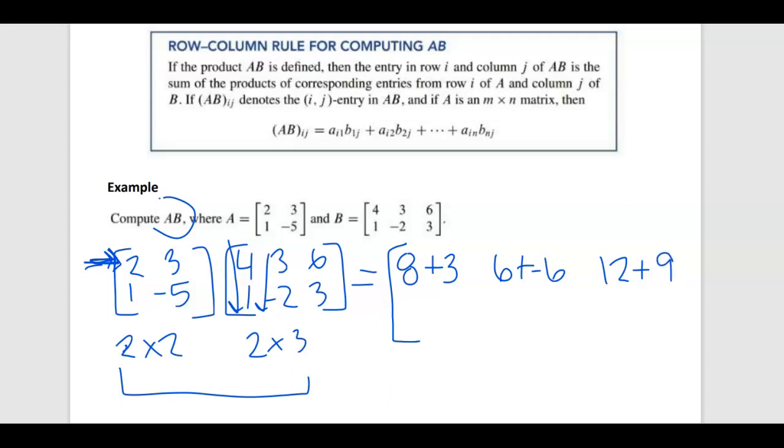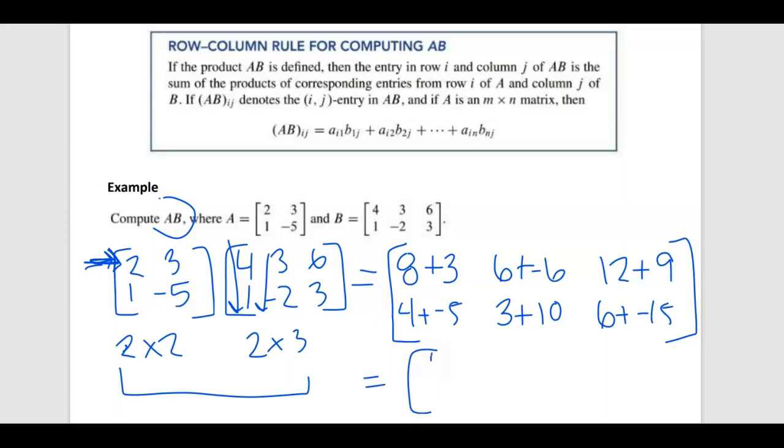All right, let's go ahead and do the bottom row. We're going to do the same thing. 1 times 4 plus negative 5 times 1, 1 times 3 plus negative 5 times negative 2, 1 times 6 plus negative 5 times 3.